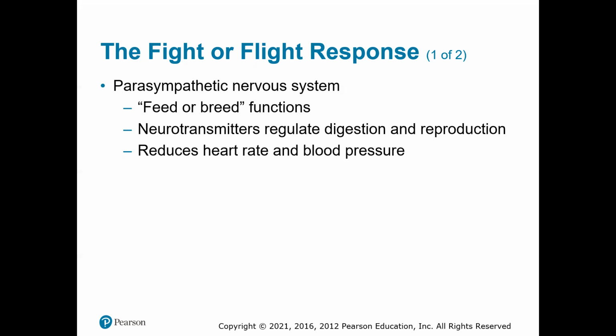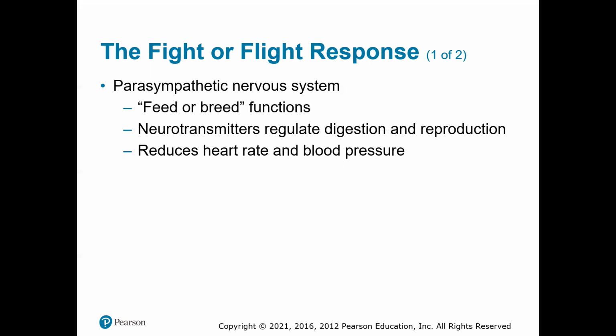Under high stress, women have been known to have miscarriages. Our body goes into a system where it will shut down unnecessary things. So feed and breed is more of a rest and relaxation type response to the body.